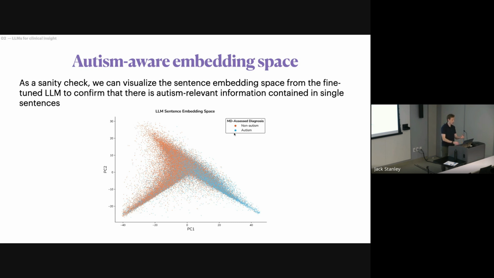And we can see here each dot represents a single sentence embedding in a much more compact 2D space. And you can start to see some structure appearing where the sentence embeddings that are diagnosed autism cluster in one area of this embedding compared to the non-autism sentences. So this is just a very quick visual check that our LLM is learning something interesting at the sentence level.